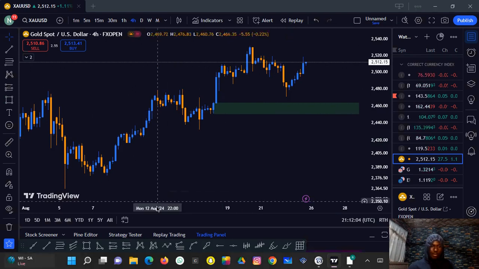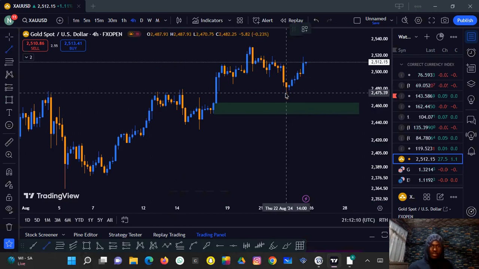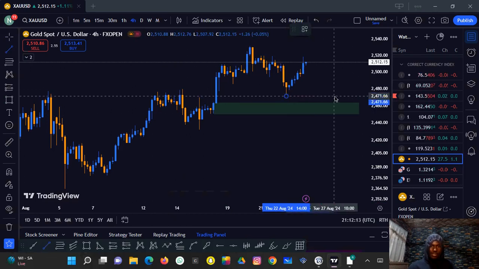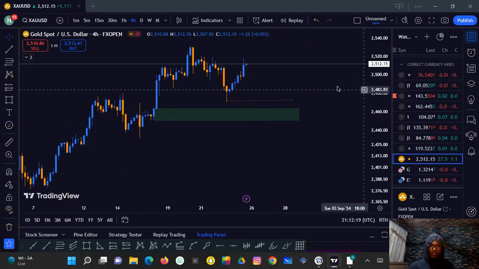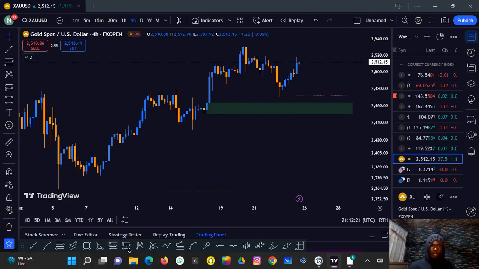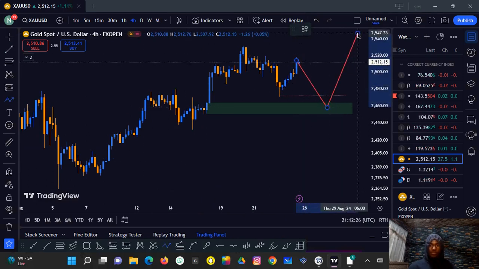So either we come here and tap on this, or we move up. So maybe Monday can use this as liquidity. But overall, I'm looking for a bullish move.